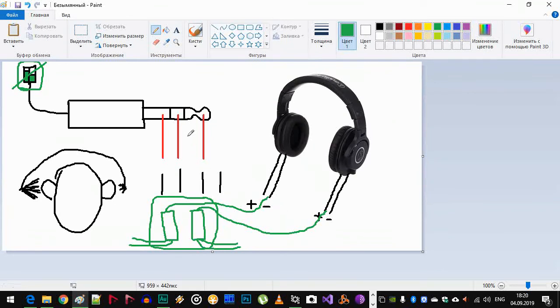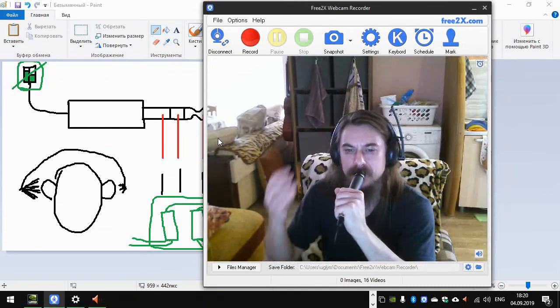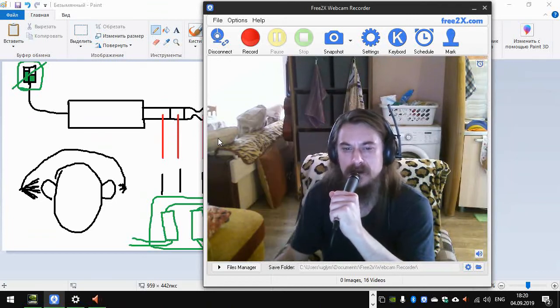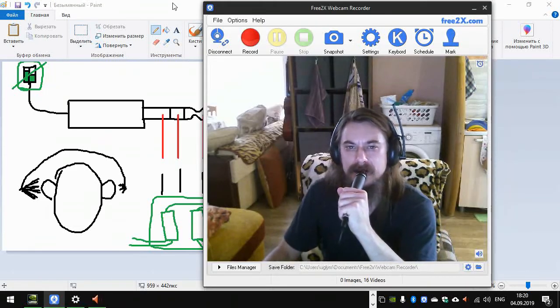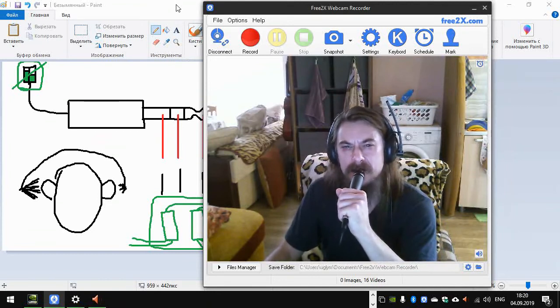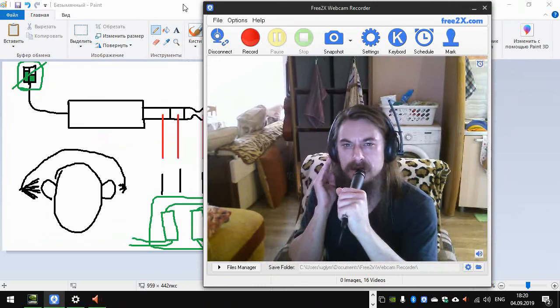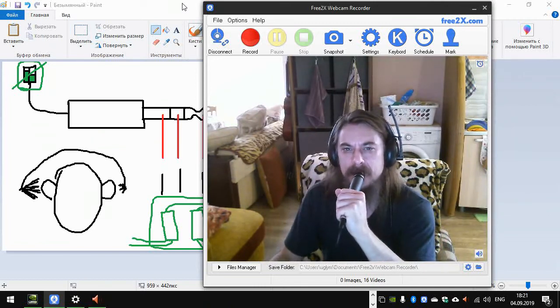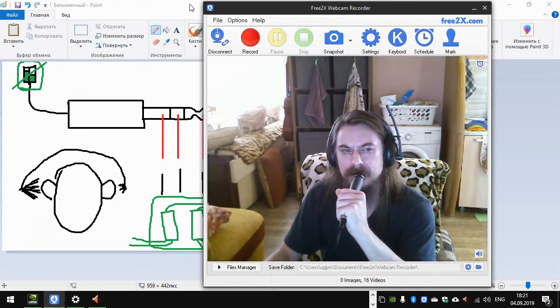The problem of using stereo, which I remind you has 3 connectors in sound, is that 2 cables in it are connected with each other, and these cables are minus of the left speaker and minus of the right speaker, which makes this device wrong.